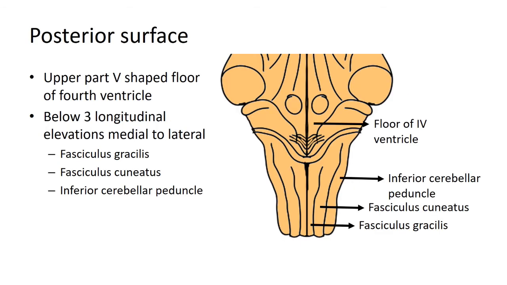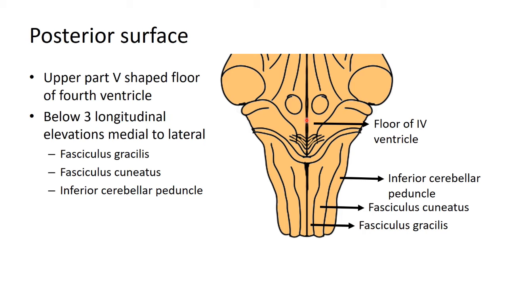Coming to the posterior surface, the upper part is V-shaped and forms the floor of the fourth ventricle. The floor of the fourth ventricle presents a few features like a facial colliculus, but we will discuss that separately in a separate video because the floor of the fourth ventricle in itself is a separate topic.